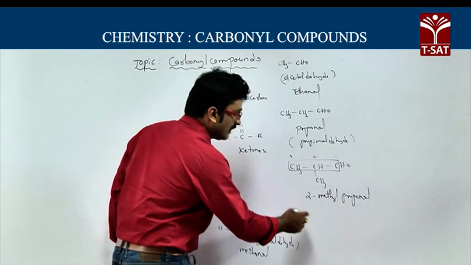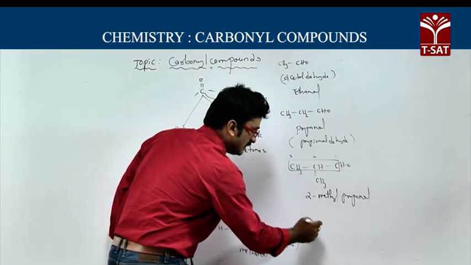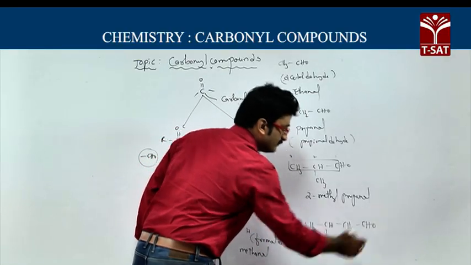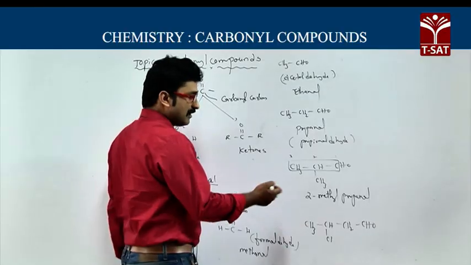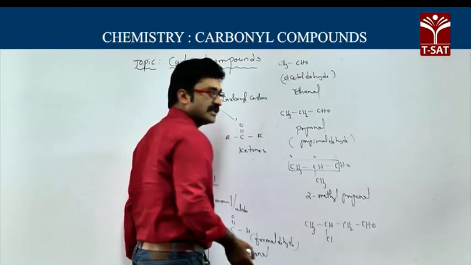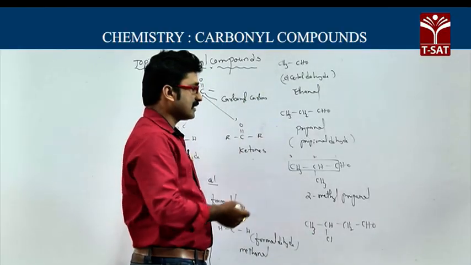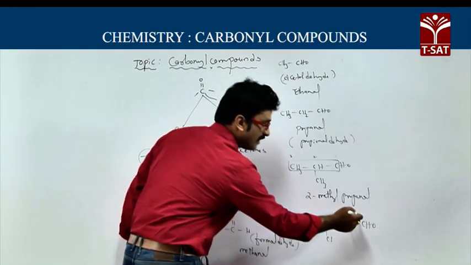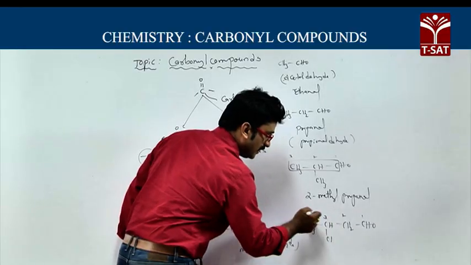Now we will take one more example, CH3, CH, Cl, CH2 and CHO. I said CHO is a chain terminating functional group. When it is considered a chain terminating functional group, you should start giving numbers from that carbon. So it will be 1, 2, 3, 4.